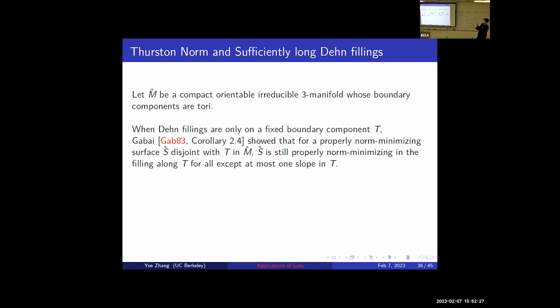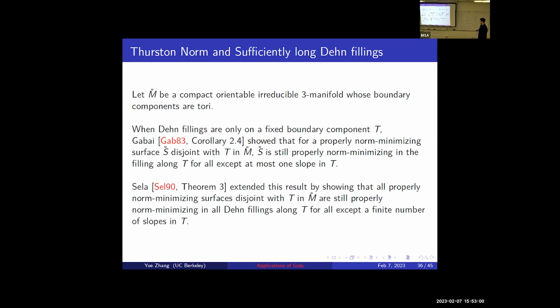When Dehn filling is only on a fixed boundary component T, Gordon showed that for a properly non-minimizing surface S circle disjoint from T in M circle, S circle is still properly non-minimizing in the filling along T for all except at most one slope in T. That's what Scott just mentioned in the previous talk.